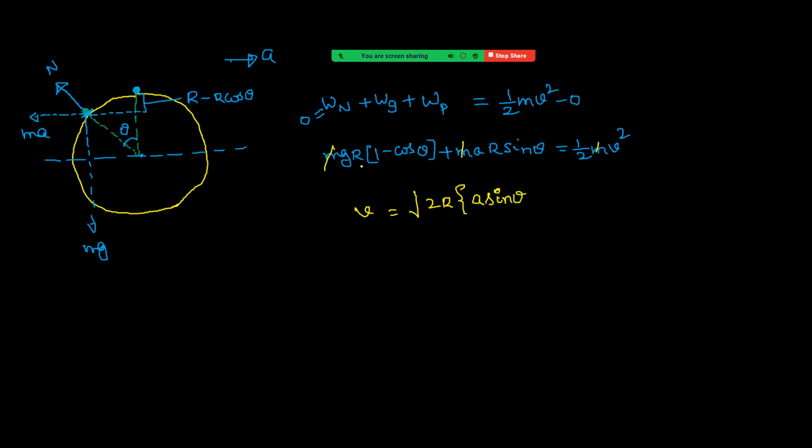Next, a sine theta, here r outside, plus g into 1 minus cos theta. Right? That is now speed of the object with respect to sphere as a function of the angle theta. Okay.